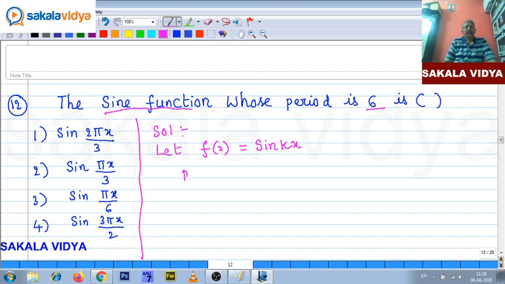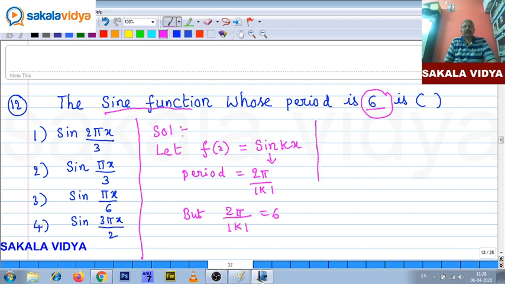Actually, the period of sine kx is 2 pi by mod k, but the period is given as 6. So 2 pi by mod k equals 6, cross multiplication takes place. So we can write mod k is equal to 2 pi by 6, whose value is pi by 3.